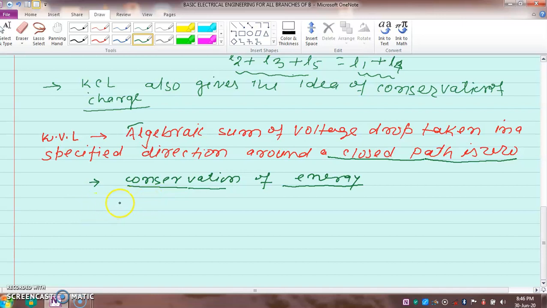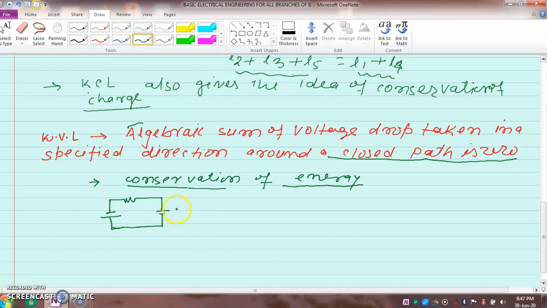So how will you find a specific direction? Remember, suppose I am drawing one very simple circuit. One resistance is there, then a voltage source, and another voltage source is also there.